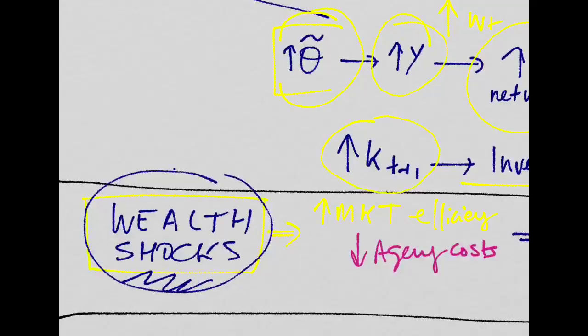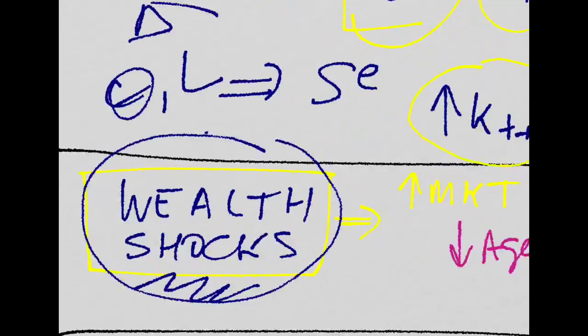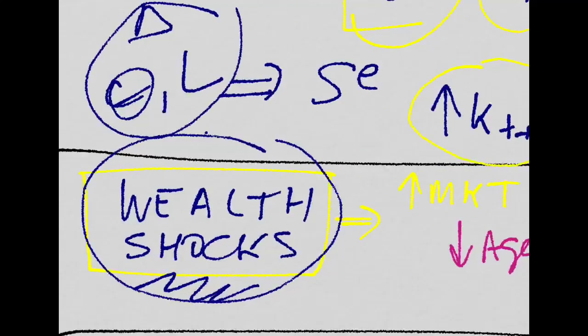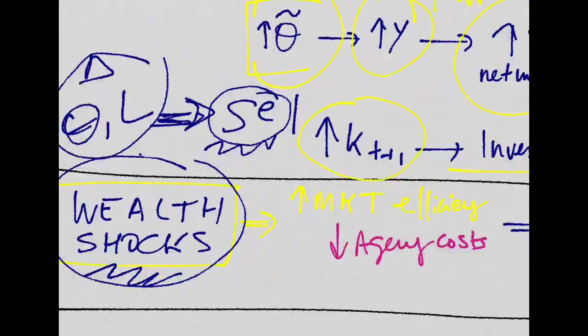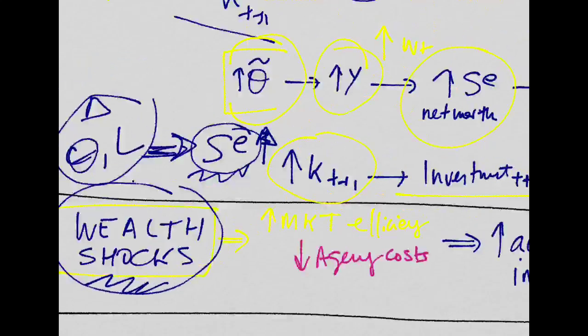So the basic intuition of Bernanke and Gertler is that whenever there is a wealth shock, whenever there is something, either technology or labor, that changes and affects the wealth of the entrepreneurs, in the case where the wealth goes up, that means that entrepreneurs have to borrow less and are able to use more inside funds for their own firms, for their investment projects.